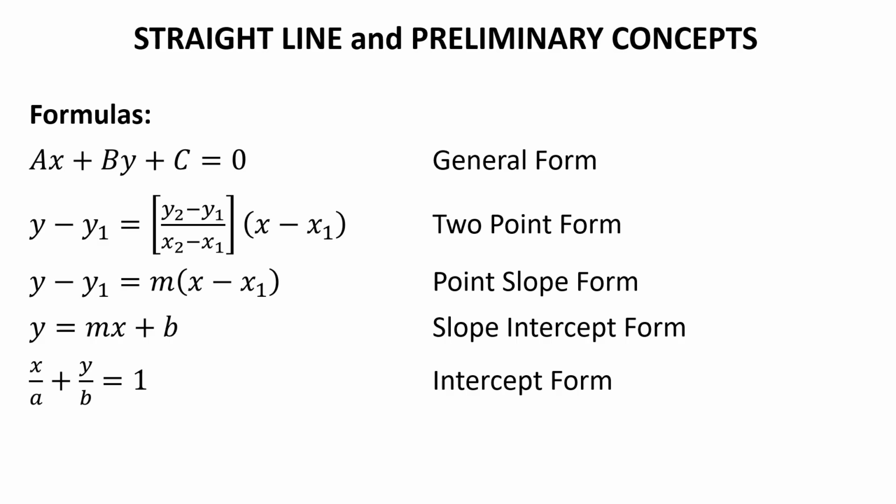In the slope-intercept form and point-slope form, we call the m the slope of the line.